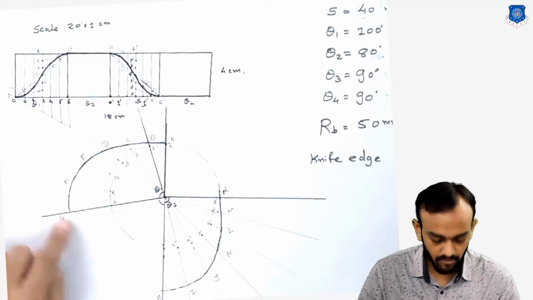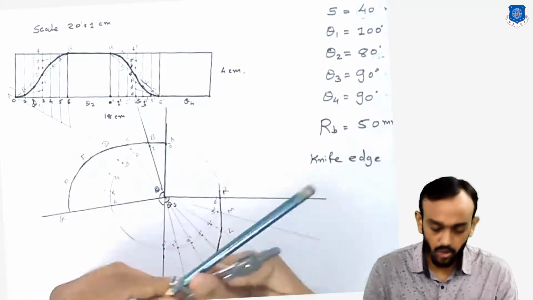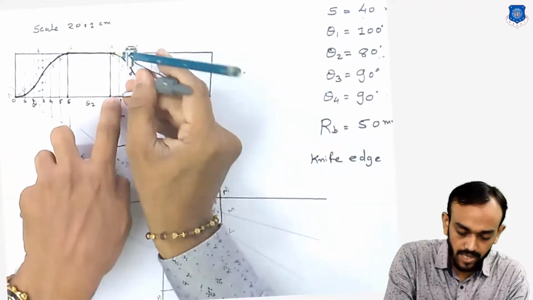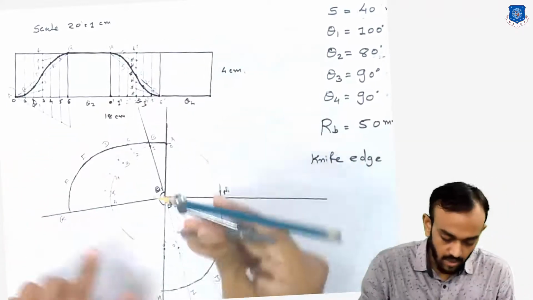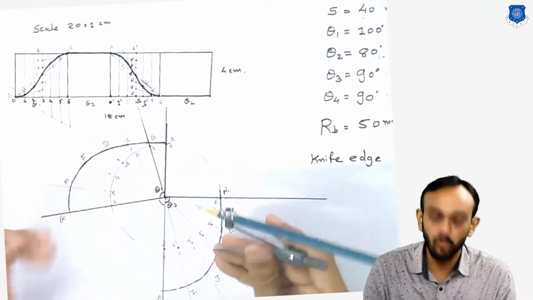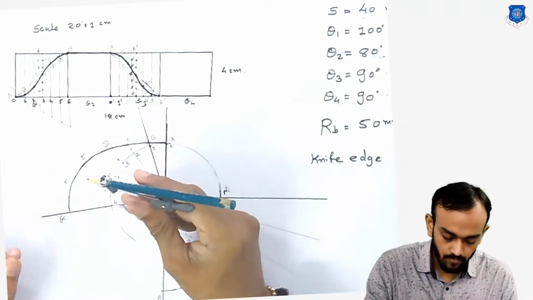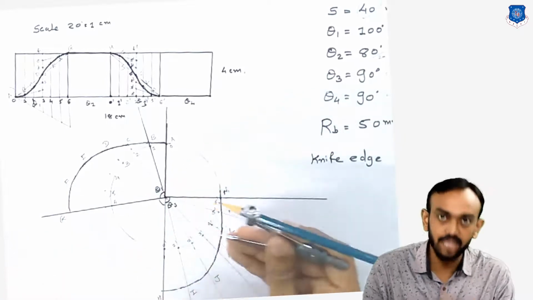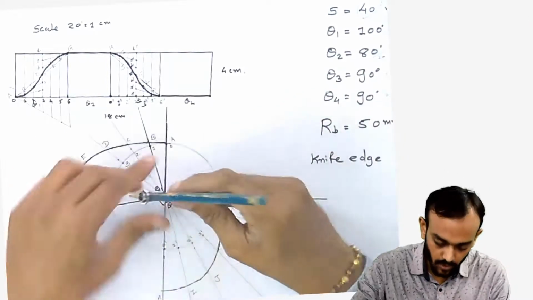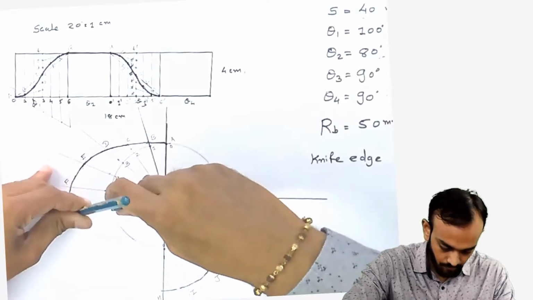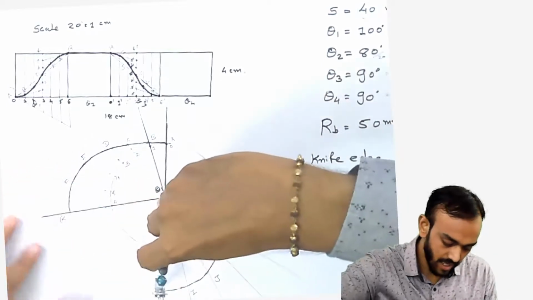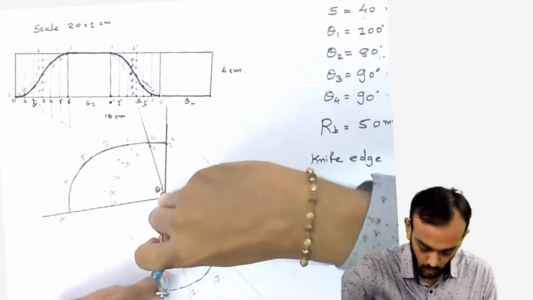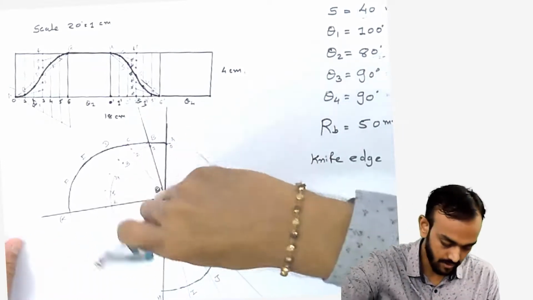Now what will it be for G to H? You can see here 6 to G and 0 dash to H are similar, and for that the follower is not moving here, so you can draw the circle directly, from G to H, you can directly draw the curve from the cam center to H like this.